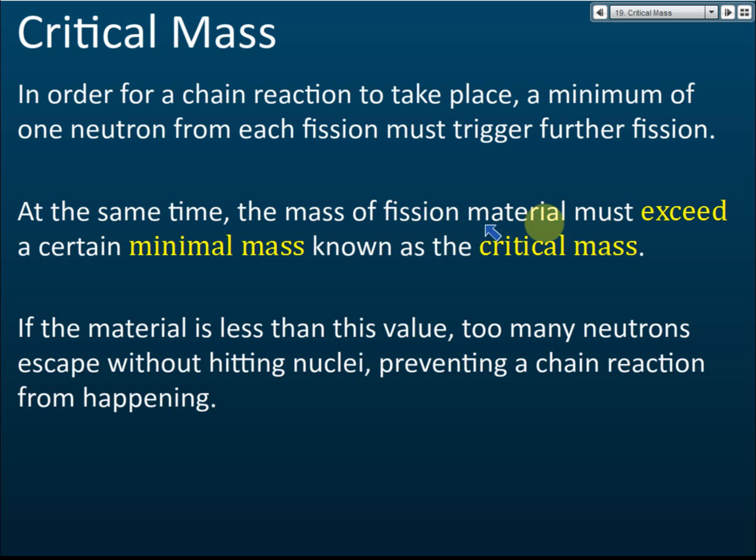The mass of fission material must exceed a certain minimal mass, called the critical mass. Less than the critical mass, no chain reaction occurs. The reaction just occurs once or twice, then stops. If the material is less than this value, too many neutrons escape without hitting nuclei, preventing a chain reaction from happening.